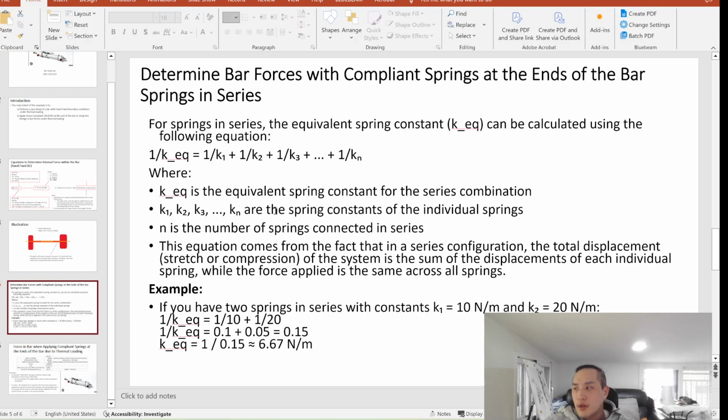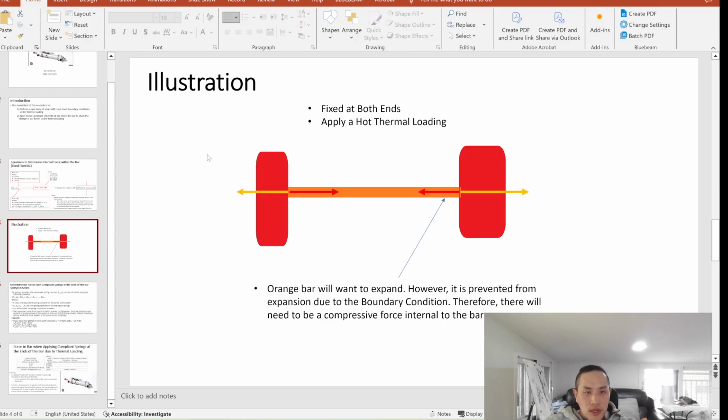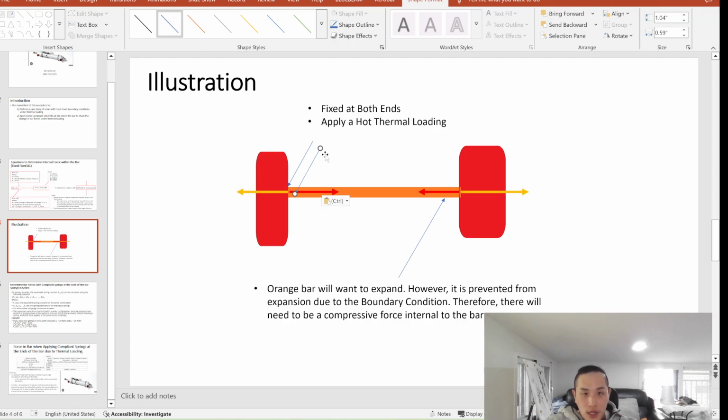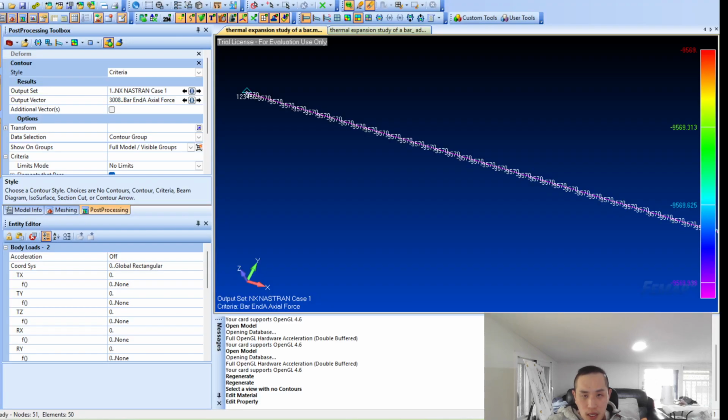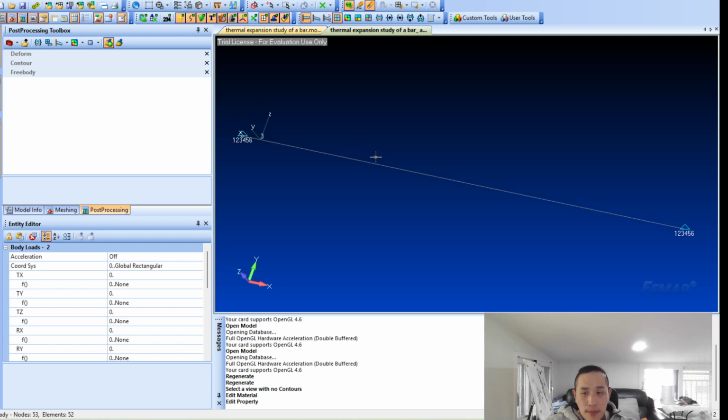So what if we were to take this example to the next step and actually add compliant springs? And so basically what I'm going to do is apply a spring, a C-bush, here at this end, as well as a C-bush on this end. So let's take a quick look at that.